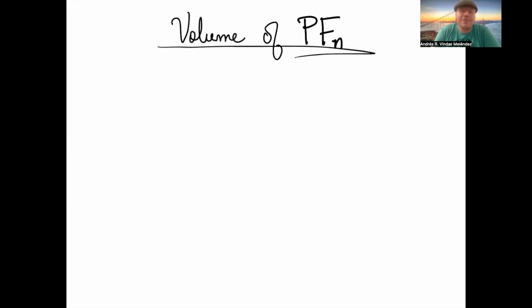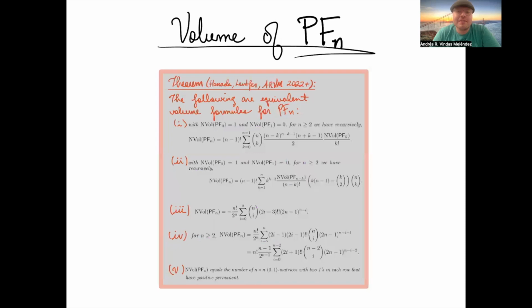And so let's come back to this notion of volume for the classical parking function polytope. One of our main contributions for this project is that we give equivalent formulas for the volume of the classical parking function polytope.